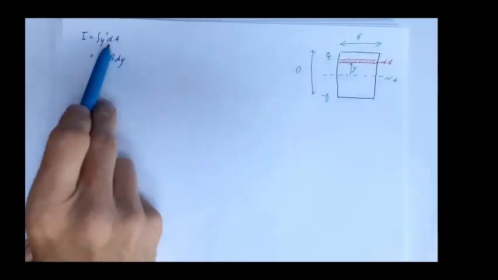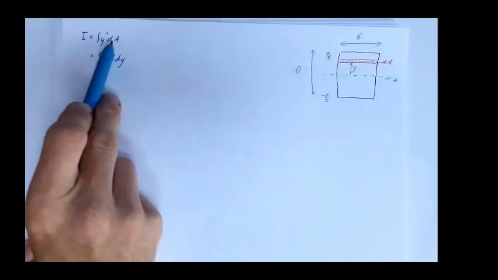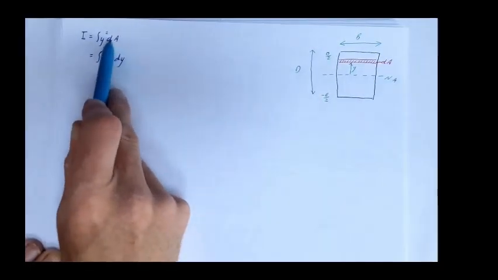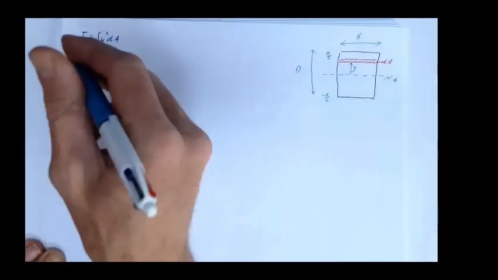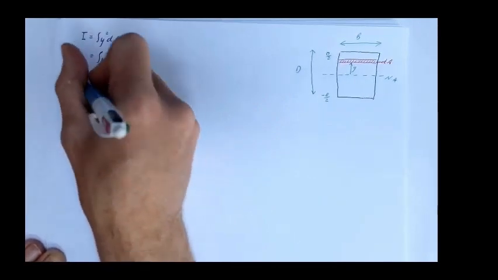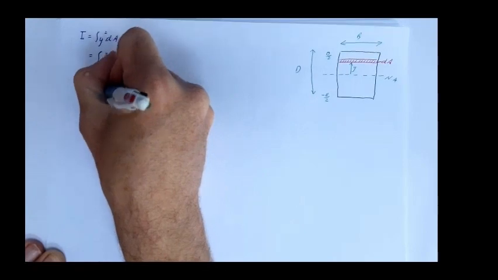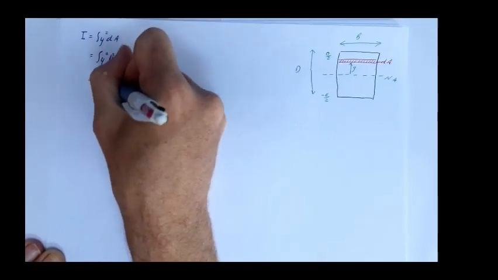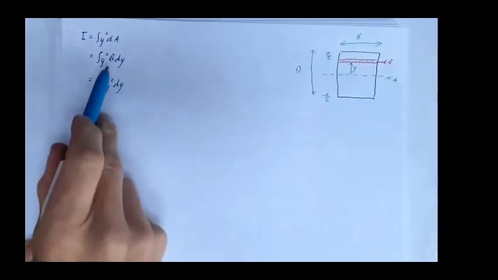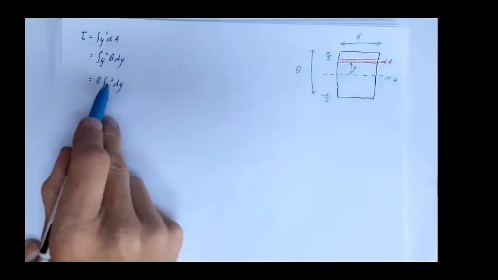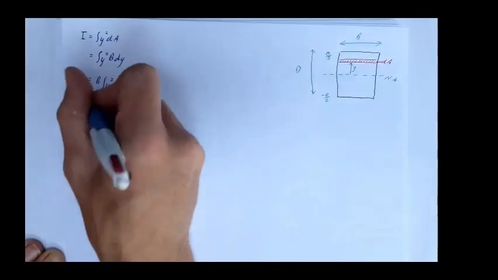There we're integrating with respect to A. A is clearly a function of y, so rather than writing dA, we can write b dy. So that's going to be b times the integral of y squared dy. Clearly b is not a function of y, so we can move it outside the integral sign.